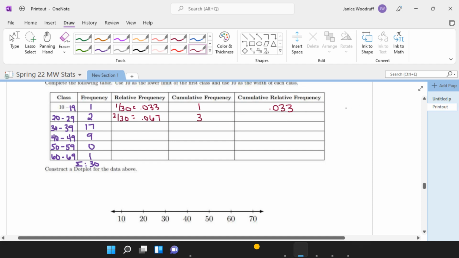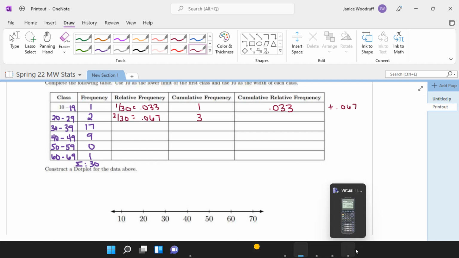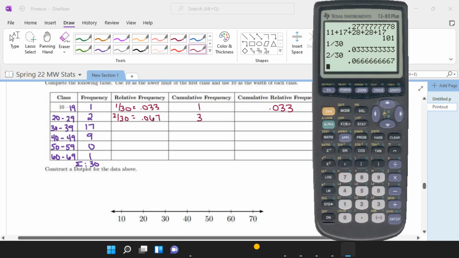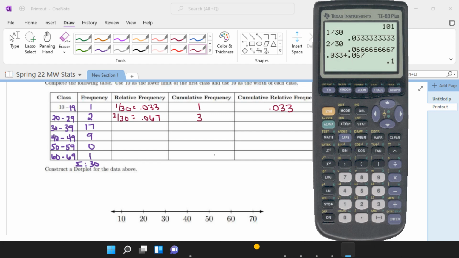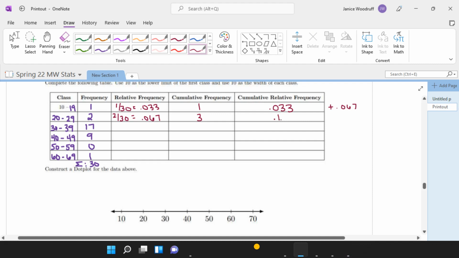And then I'm going to add the relative frequency of 0.067, so that should just be 0.1. You could put 0.100 if you'd like, but it's not necessary.